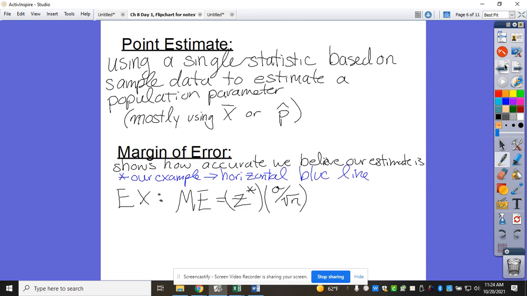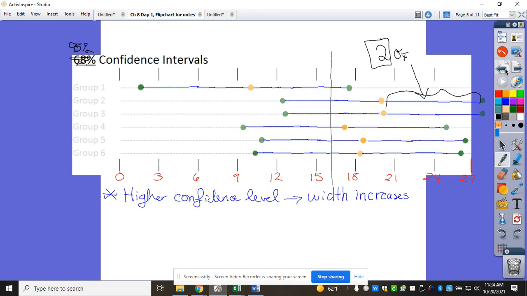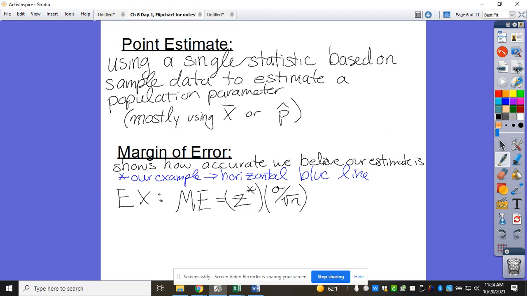I didn't write here what color my point estimate was. Mine was orange. So your point estimate was whatever color your dot was in the middle. I would write that.